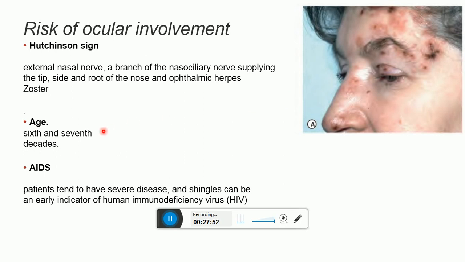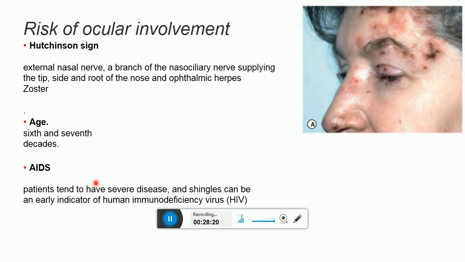Age. HZO occurs most frequently in the 6th and 7th decades. In the elderly, signs and symptoms tend to be more severe than in the young, and of longer duration. AIDS patients tend to have severe disease. Shingles can be an early indicator of HIV infection. A lower threshold for HIV testing should be adopted in populations at particular risk.